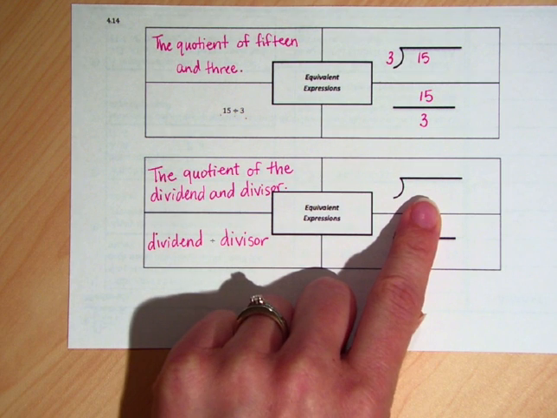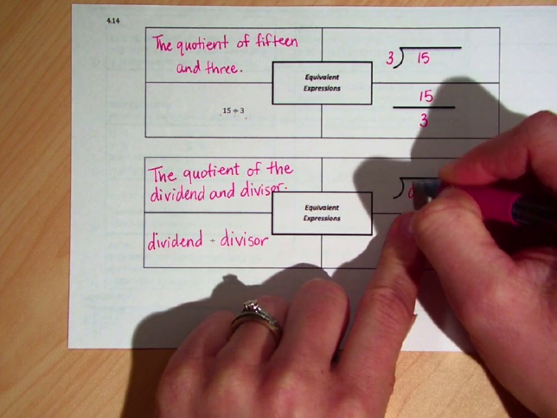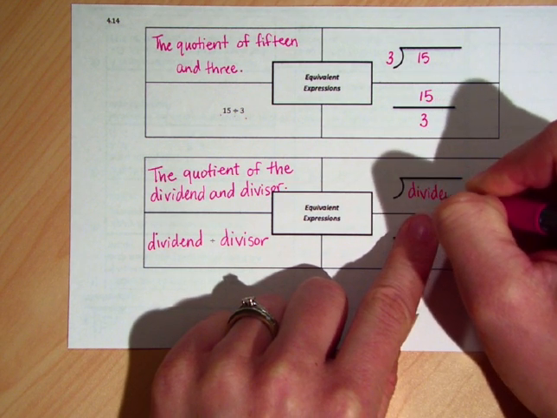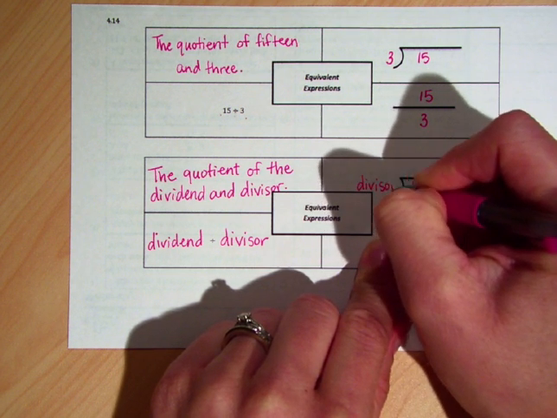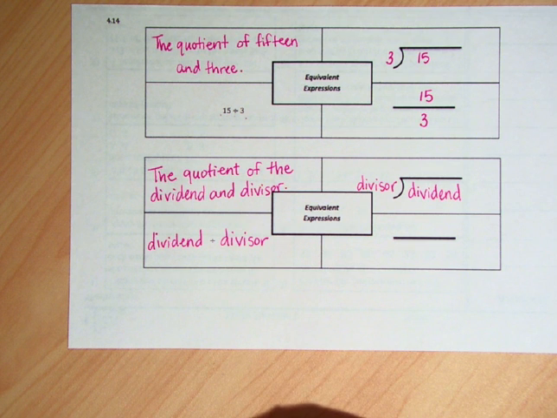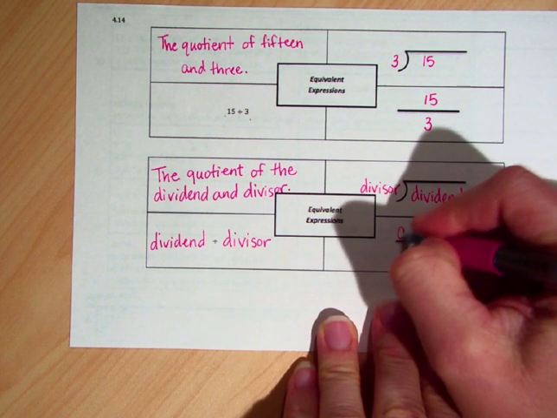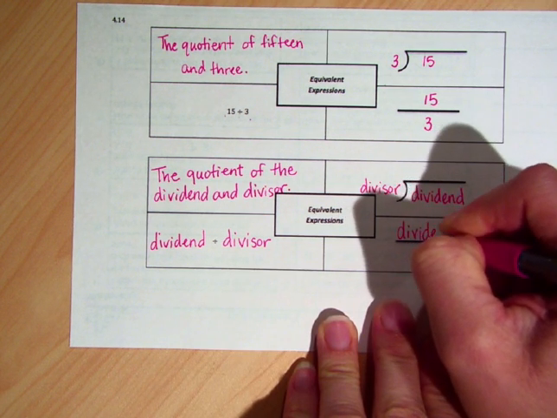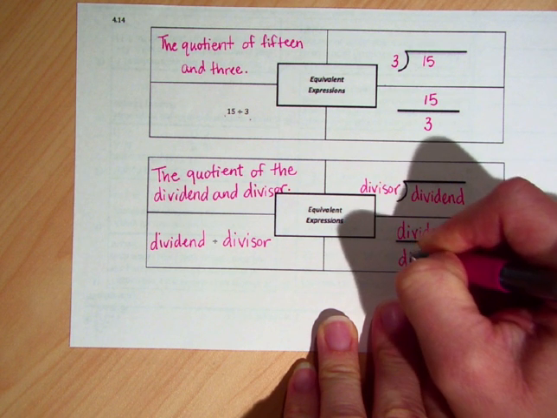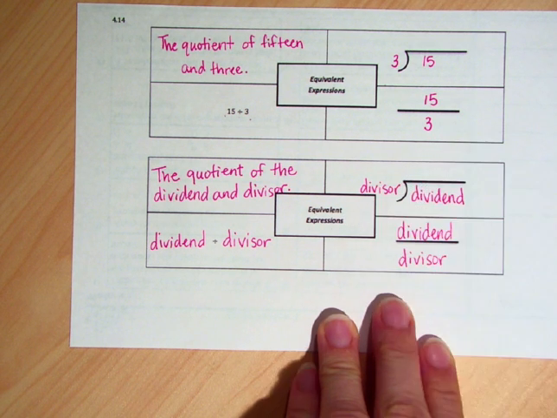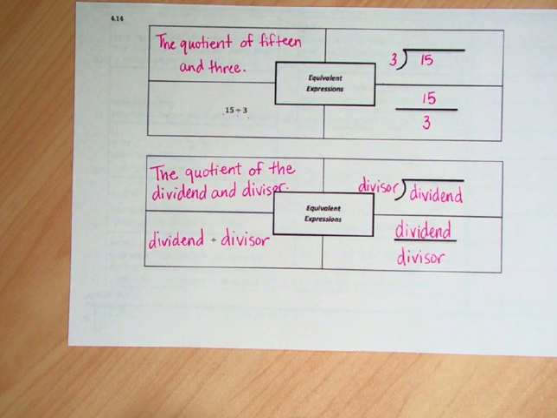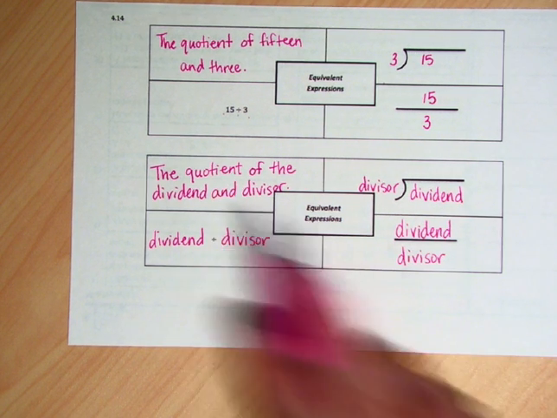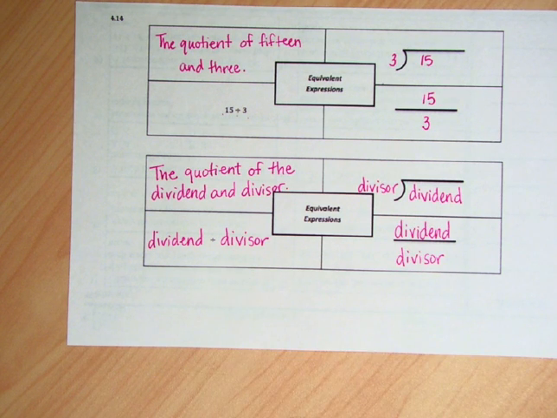Up here, dividend is going to be inside. On the outside is going to be divisor. Dividend divided by divisor. Down here, dividend divided by divisor. Now this is going to be in your ISN, so anytime that you want to know what it looks like or if it says this, what it means, you can figure that out.